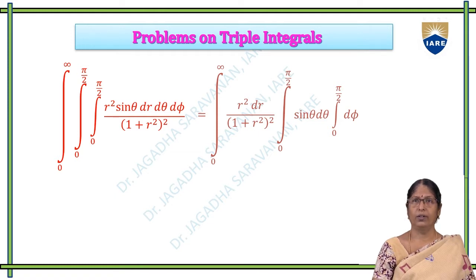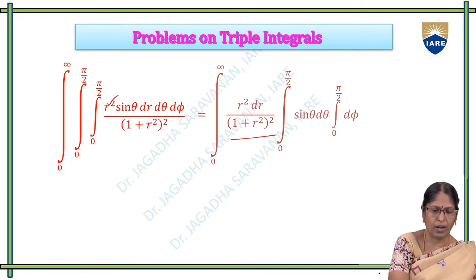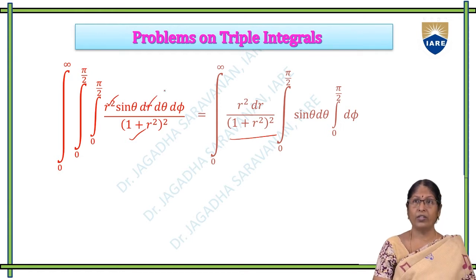Regarding r, we grouped it. Here the terms I am putting are related to r, that is r square dr divided by 1 plus r square, the whole square.